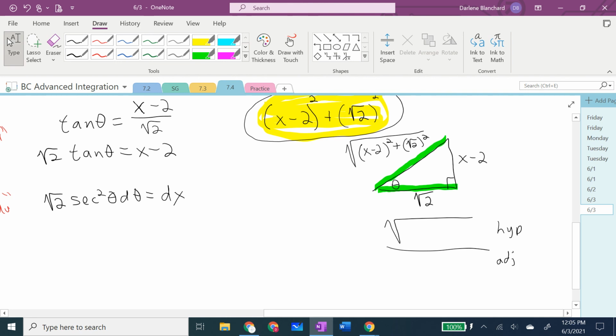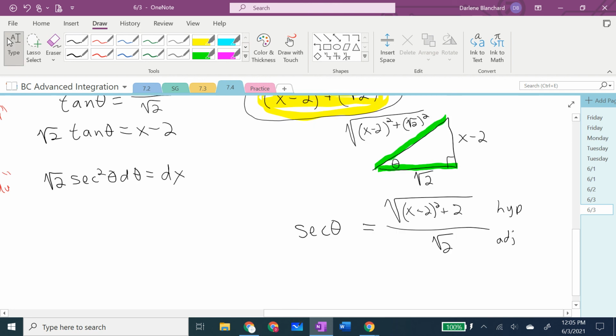And that means it's the reciprocal of cosine. And who is cosine's reciprocal? Secant. I'm going to multiply actually, I don't have a square root, so I'm going to first just square both sides.